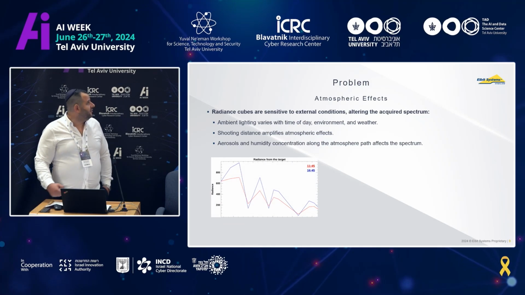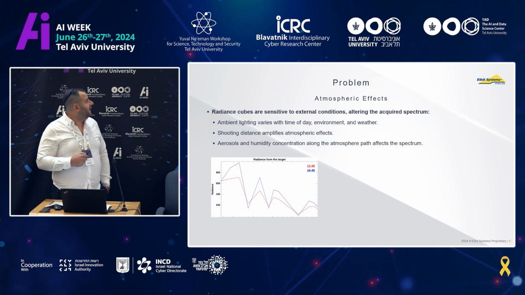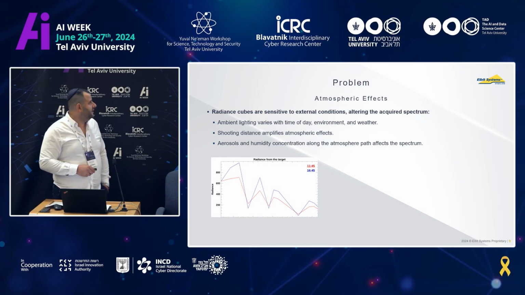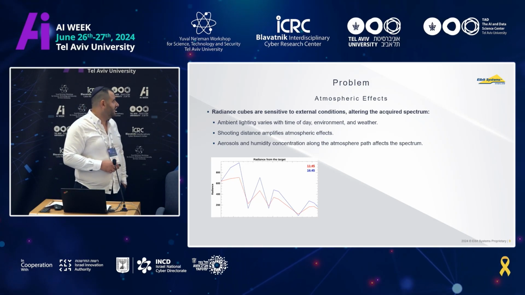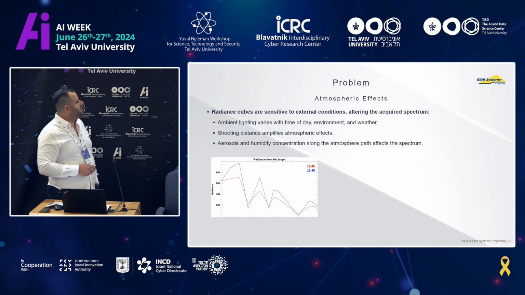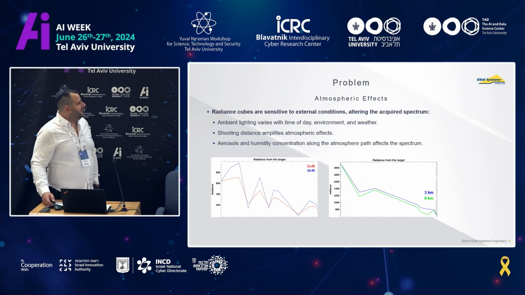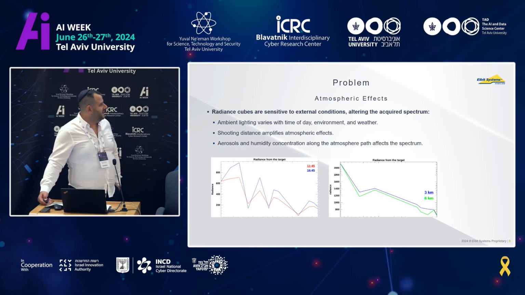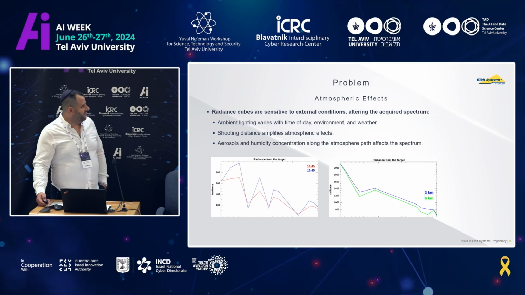The left plot shows the radiance from the targets at two different times of the day, one in the morning and one in the afternoon. We can see the change. In the right plot, we can see the radiance from the target at two different ranges, one at 3 kilometers and one at 6 kilometers.